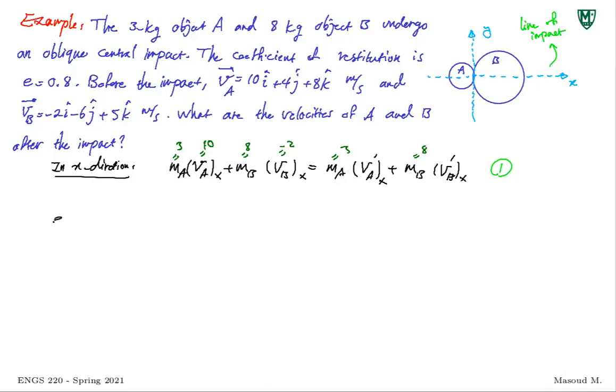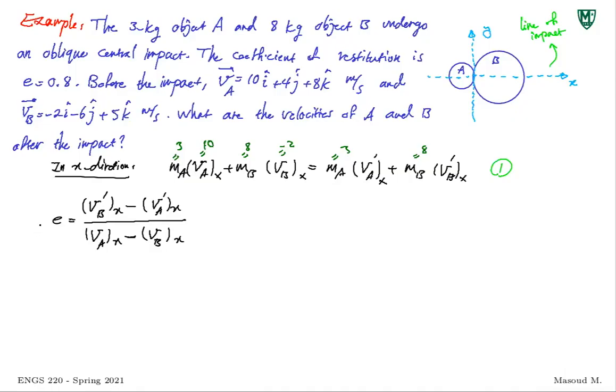So the second one would be E is equal to VB'X minus VA'X divided by VAX minus VBX. If you want to put this in words, maybe it makes more sense to some of you. If it doesn't, just stick to the equation.